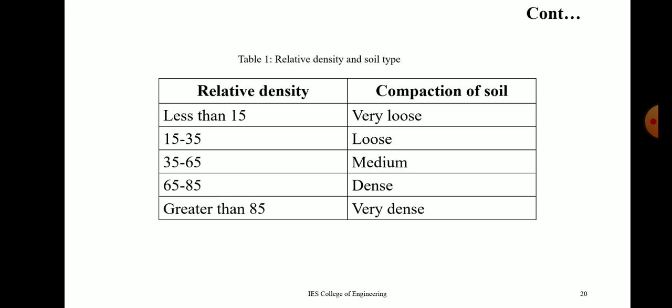If it is between 35 and 65, the soil condition is medium. If it is between 65 and 85, the soil condition is dense, and if it is greater than 85, the condition is very dense.